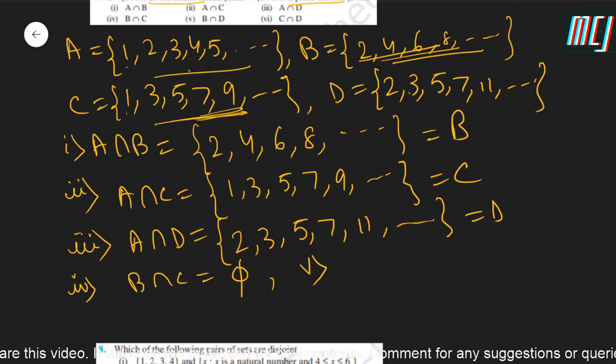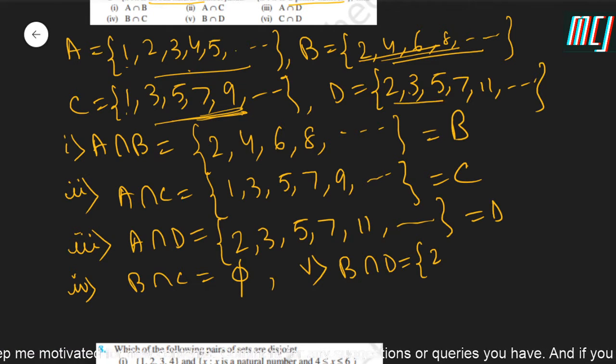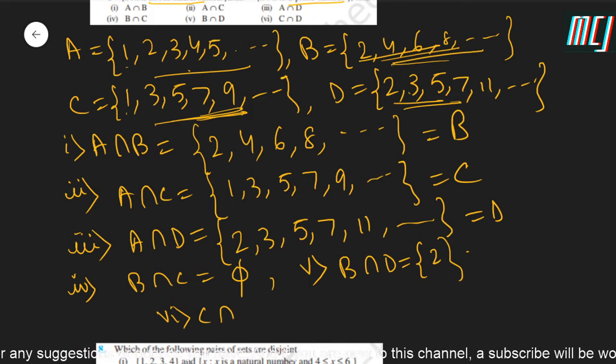Now the fifth one, B and D. In between B and D, only 2 is the even prime number. In D set all prime numbers are there, right? So 2 also there, and B set is only the even number set. So only 2 is the even prime number. So B intersection D equals 2. And sixth, that is C intersection D. So in between C and D, what are the common terms?